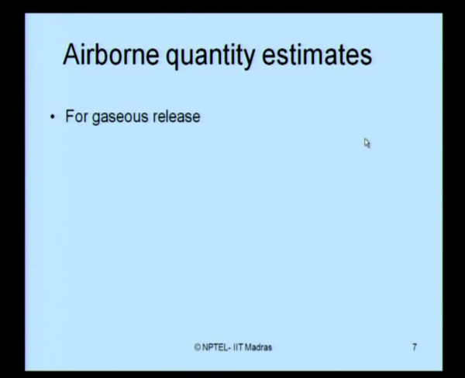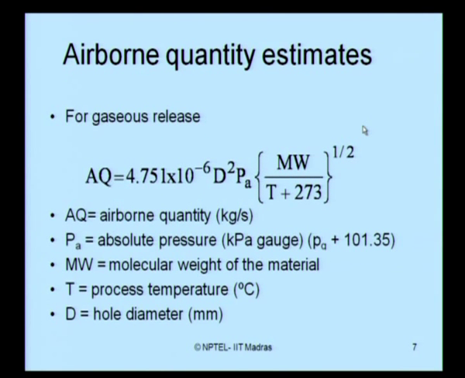If it is a gaseous release, let us check how to do that. I have a very simple equation which is shown here. AQ is given by this relationship, where AQ is in kg per second, PA is the absolute pressure at which the system is operating, in kPa, which is the gauge pressure plus 101.35.